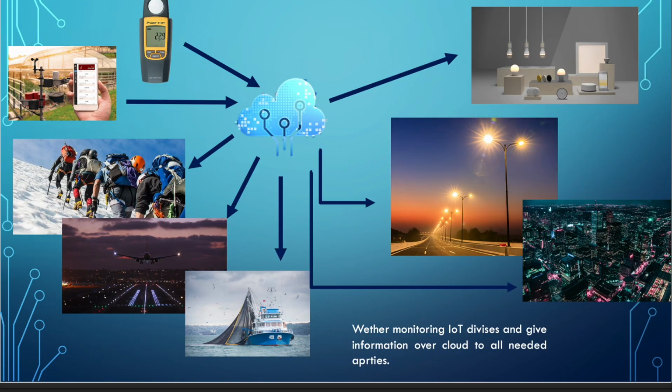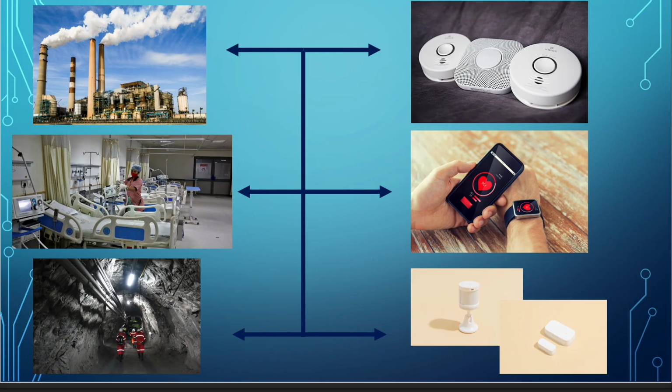Then we looked at a set of IoT devices for weather monitoring, built for one purpose, that can help different sectors and different domains. With all these examples, we did a mix and match as well.